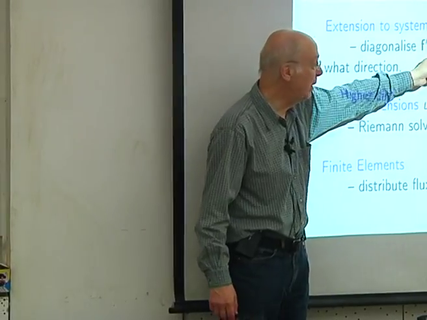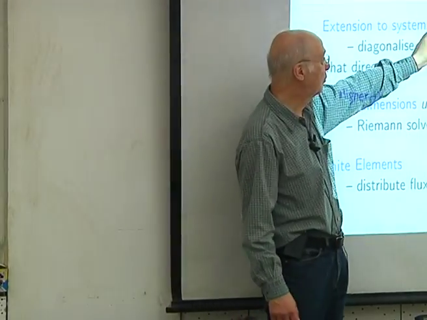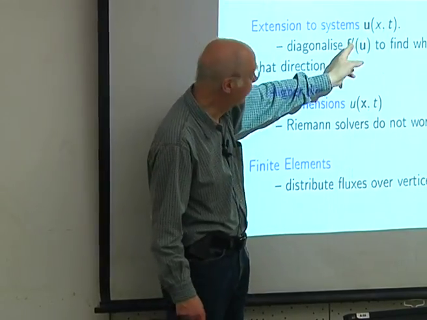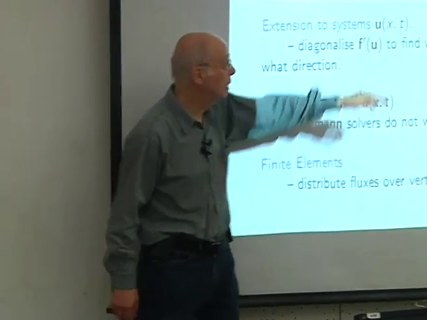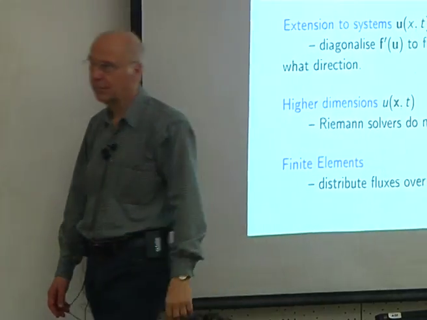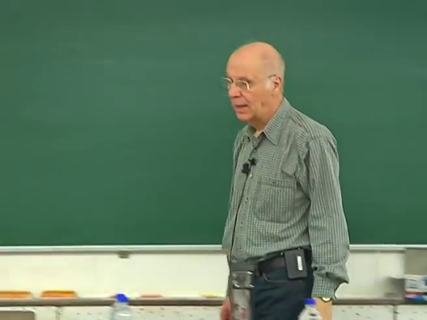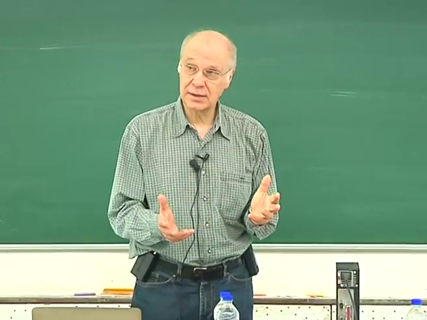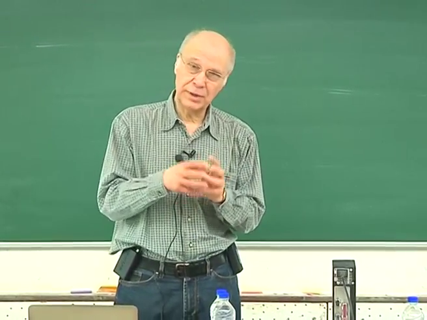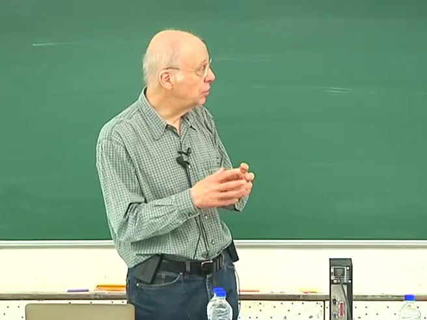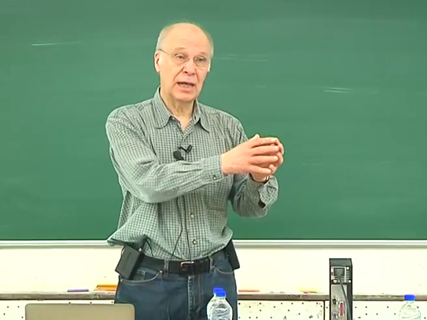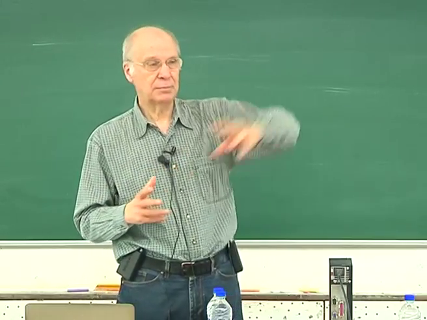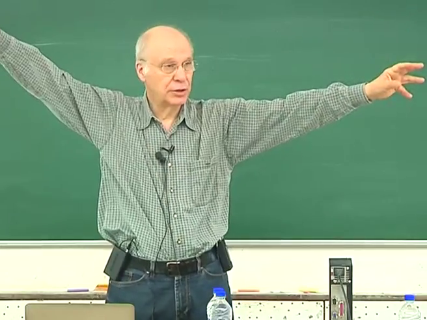This is now a matrix, the flux differentiated with respect to the components of U. And you want to diagonalize that to find the eigenvectors, to find out what combinations of the components of U are propagating at what speed, in what direction. And it can be nasty. You can get some information going that way and some information going that way.